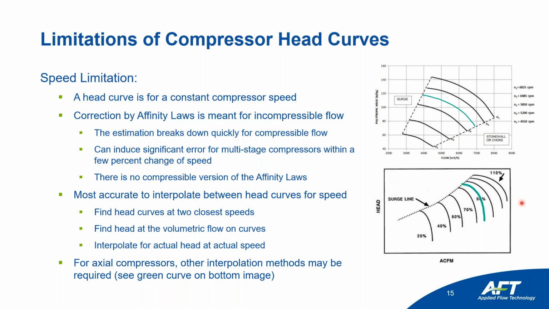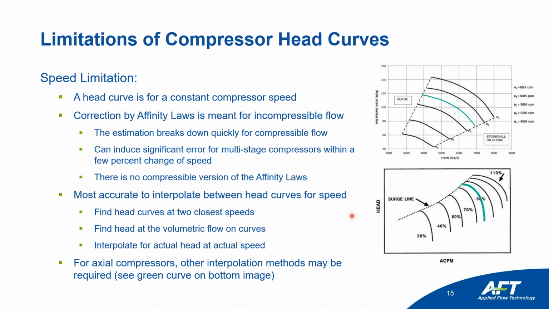It's much better to do what I'm about to say here and interpolate between your head versus speed curves. Just like with the pump curves, you should interpolate between your head curves. If they're nice and pretty flat like this, you can get away with using the flow on your two curves to get your head, then interpolating based on speed.